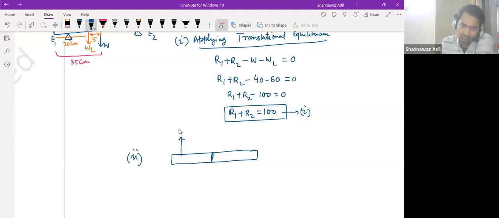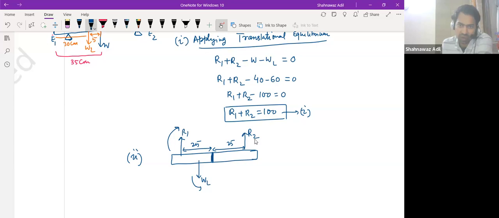This distance is 25, and this is 25. This is R2, this is R1, and this one is W. This one we will not count because it is in the line of the rotational axis, so the rotational torque would be 0 here, right?